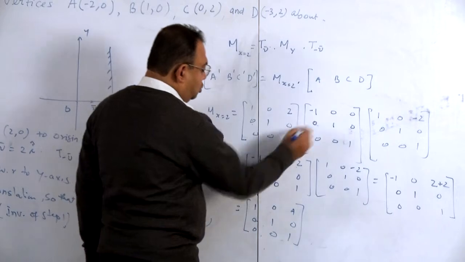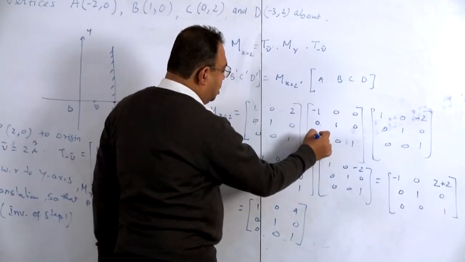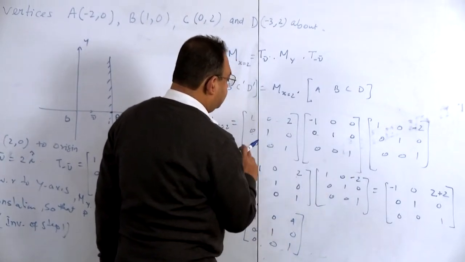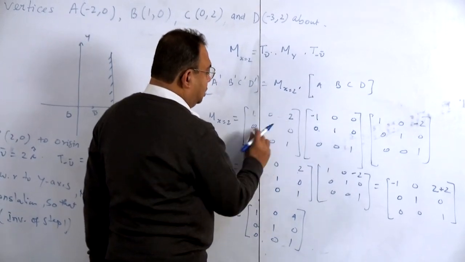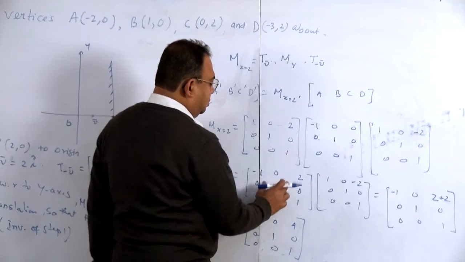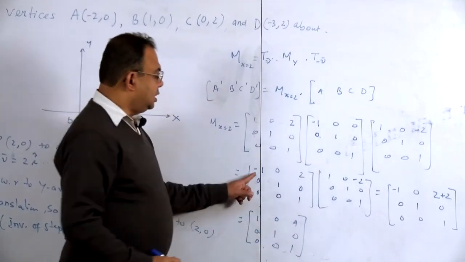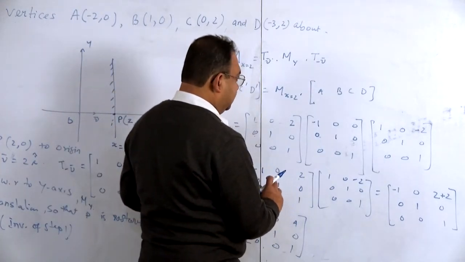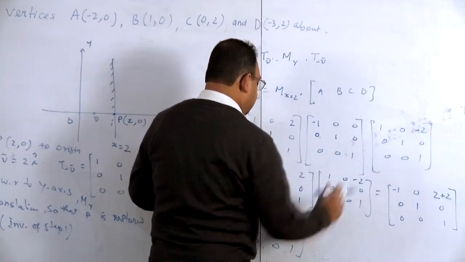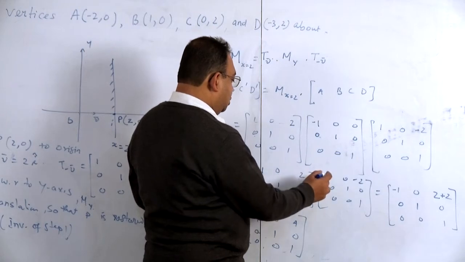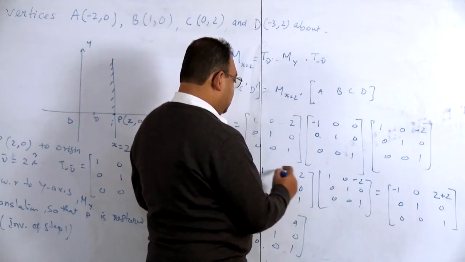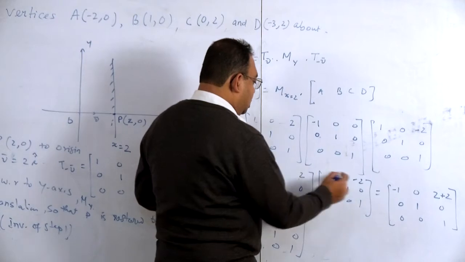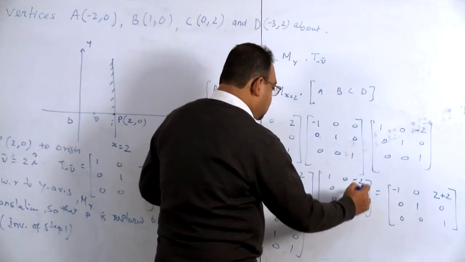When we multiply these two, we get minus 1 0 2, 0 1 0, 0 0 1, because this row into this column is minus 1, this row into this column is 0, this row into this column is 2.